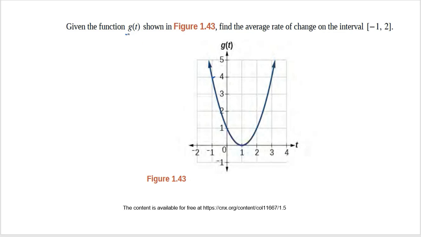Given the function g of t, find average rate of change on interval -1 and 2.